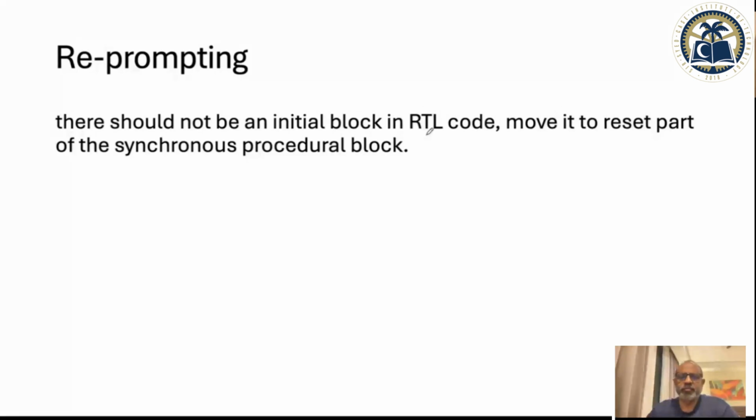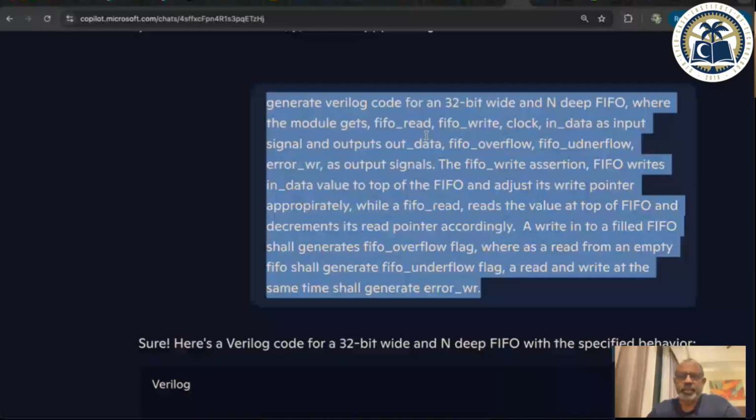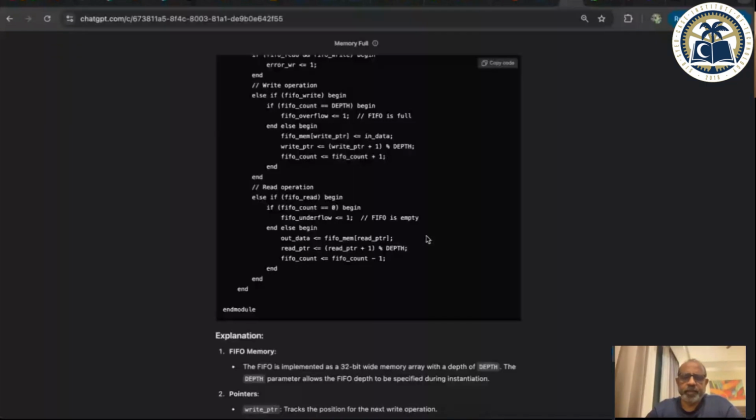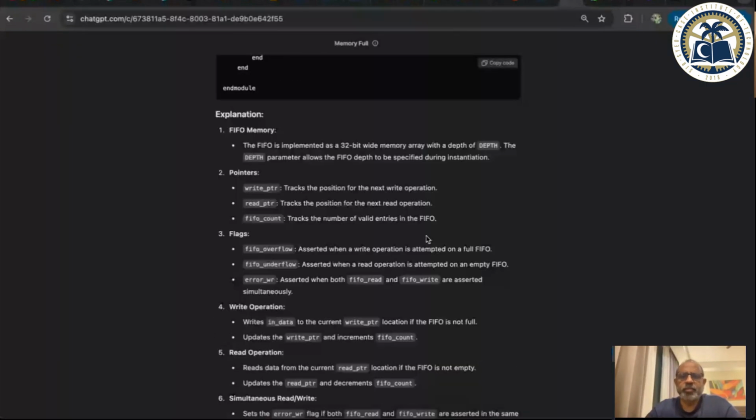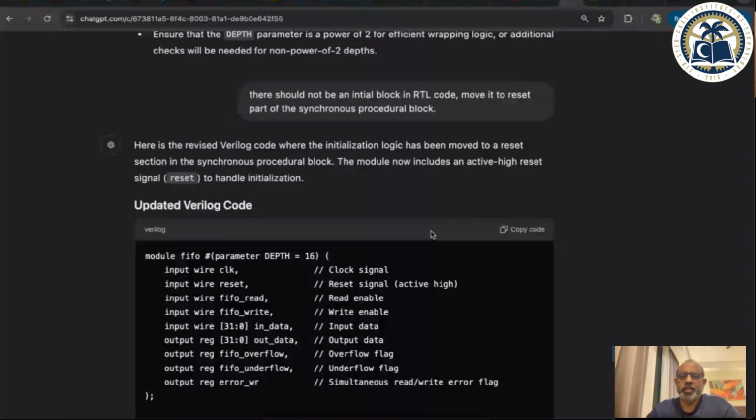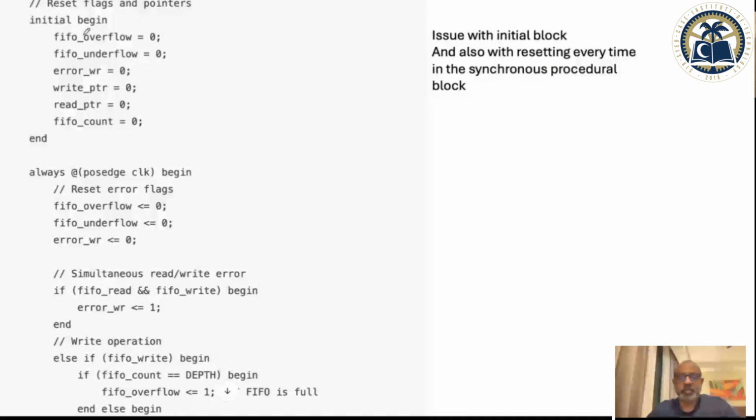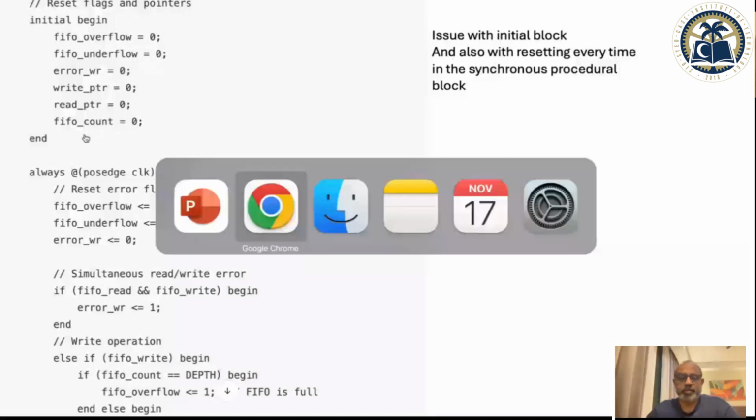If I show you ChatGPT, this is what it has generated. Then I asked it to move it to the reset part of the synchronous procedural block. I said, if you want to reset something, we don't reset it in the initial block. We do this as is done by Copilot.